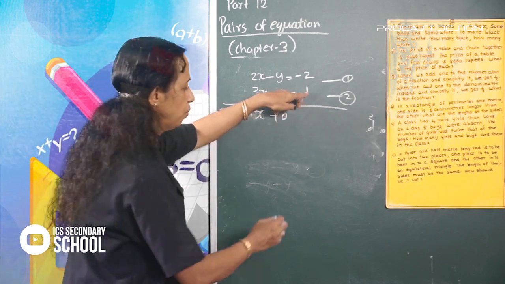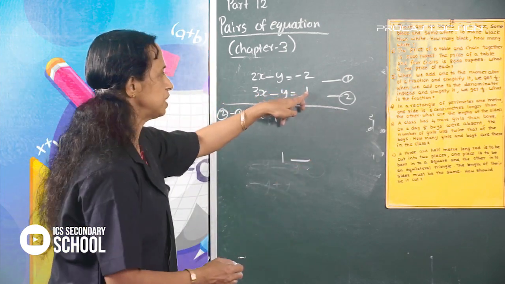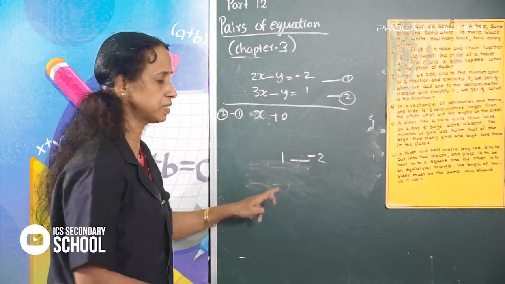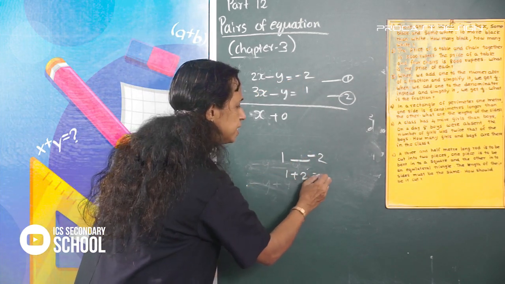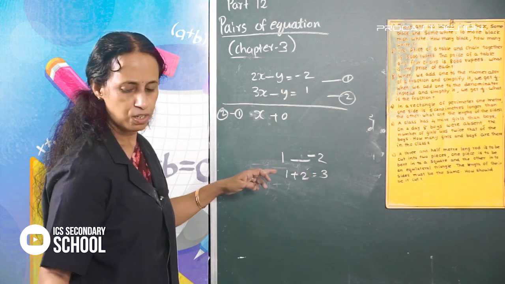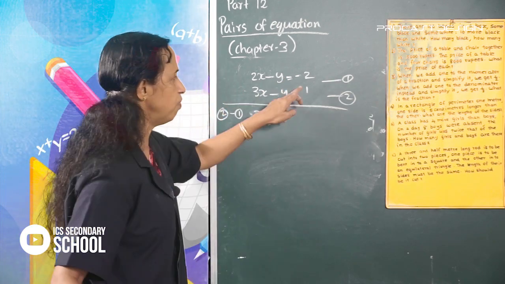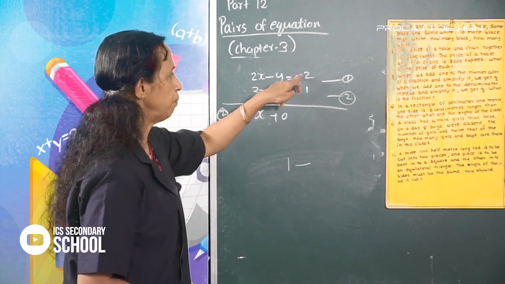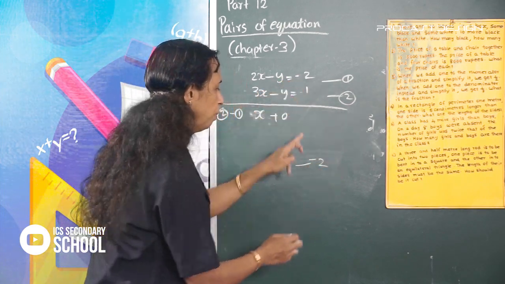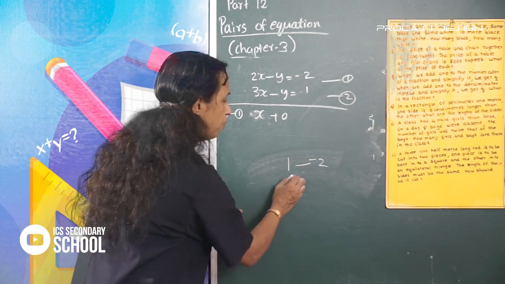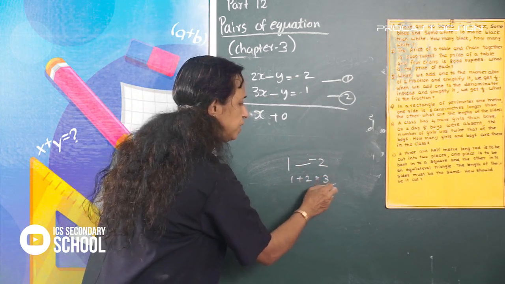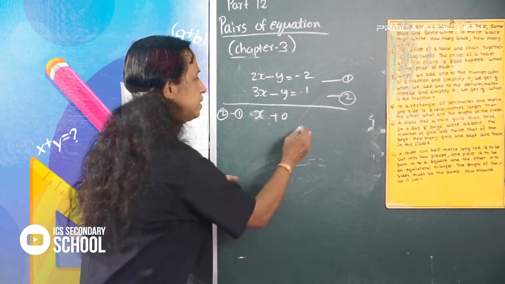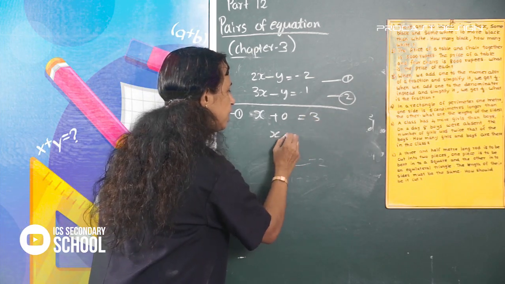Here, 1 subtract minus 2 is 1 plus 2, which is equal to 3. So x plus 0 is equal to 3, x is equal to 3.